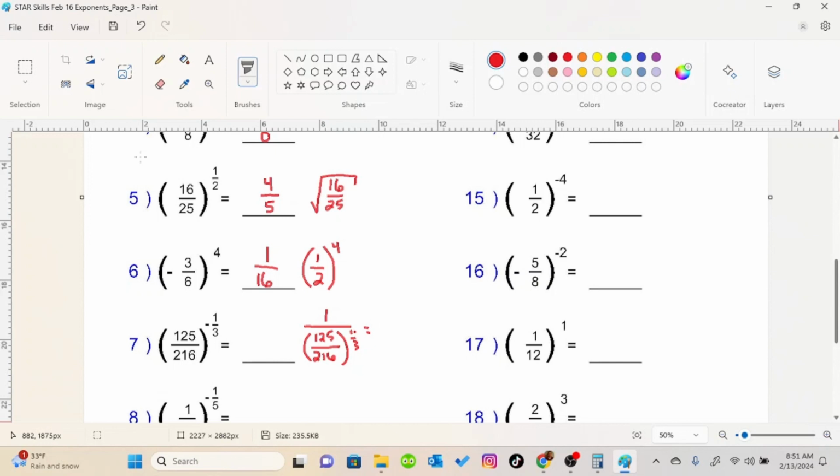A power of 1/3 means we are looking for the cube root of 125 over 216.